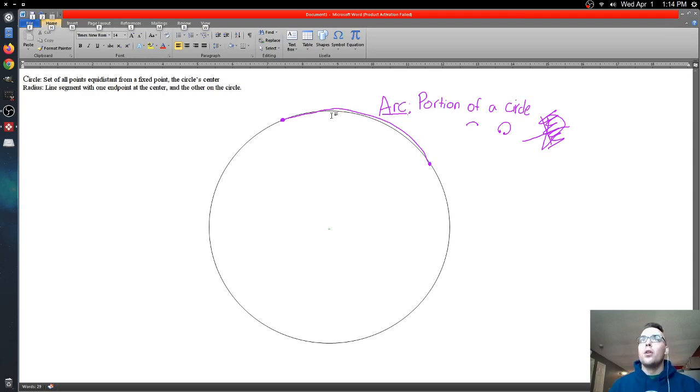Now, you may also notice that when I picked these 2 points here and here, I didn't have to go around it this way. I could have just as easily taken the long way around. Now let's say I named this point here point A, and I named this point here point B. This first arc that I drew here is what we would call the minor arc.